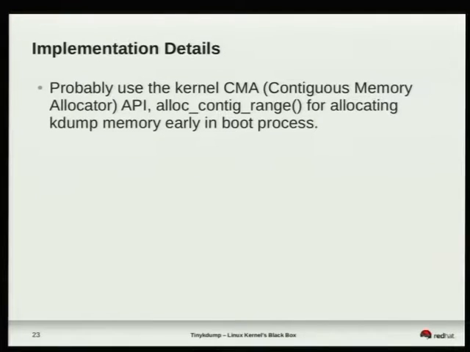They use the kernel infrastructure CMA, which has a function so that if they reserve the memory early in the boot process, there's a big chance of successful reservation. We reserve much less than 1 gig of memory, so it should be easier.